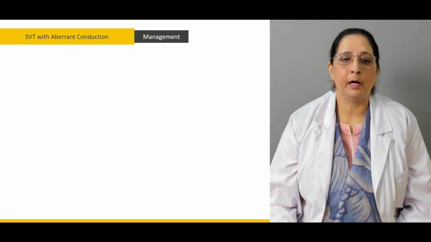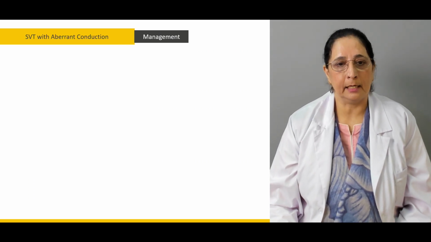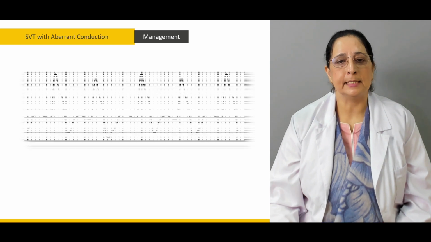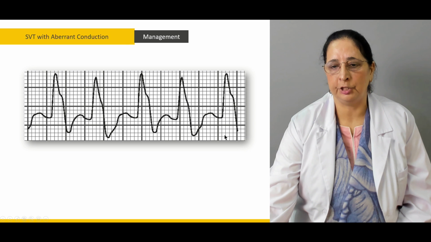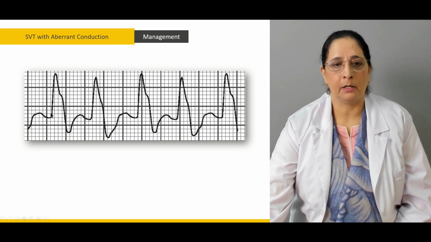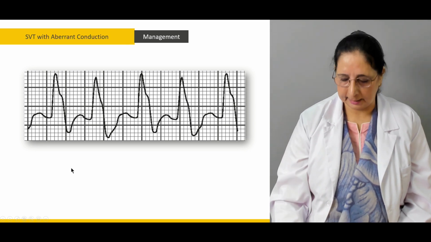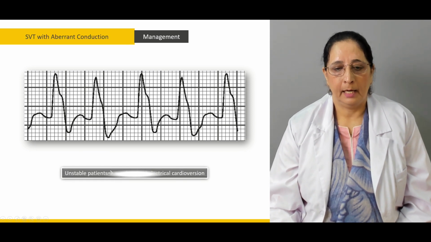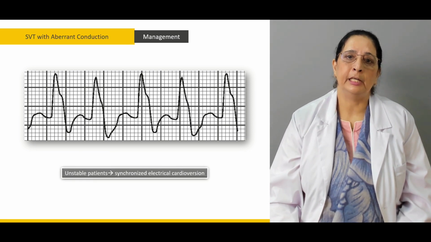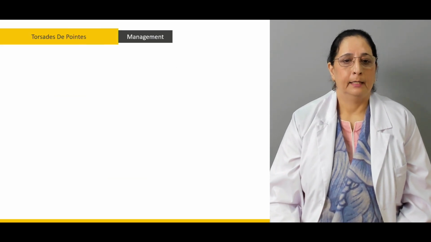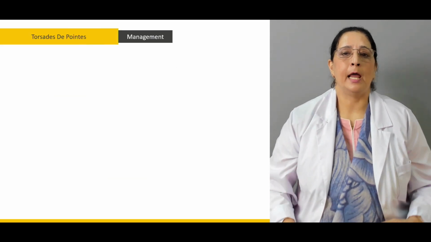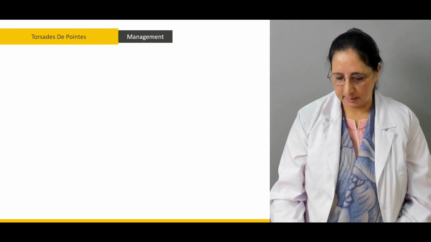SVT, which is supraventricular tachycardia with aberrant conduction. This is the EKG strip appearance of the patient with aberrant conduction. An unstable patient should be treated with cardioversion. Then another condition known as torsades de pointes.